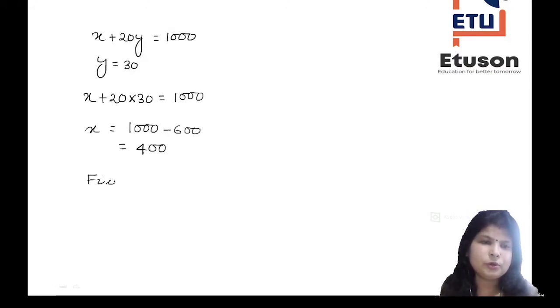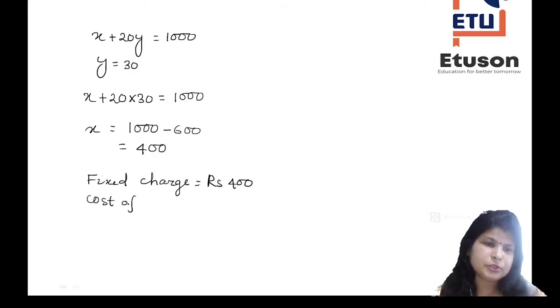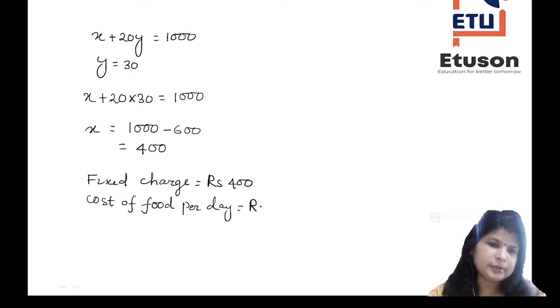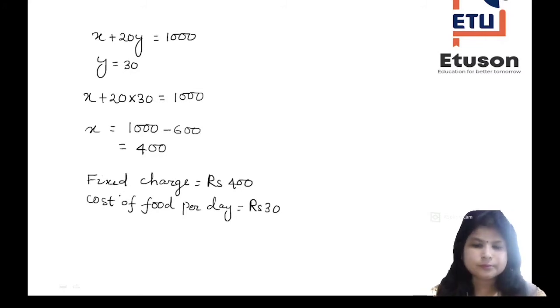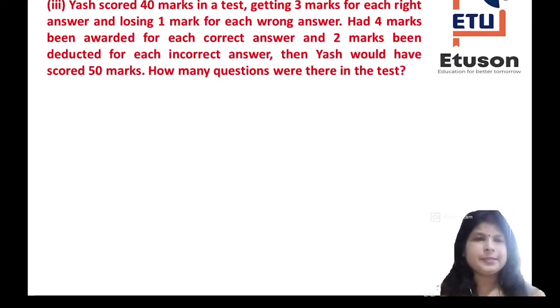So the fixed charge of the hostel is equal to rupees 400, and the cost of food per day is equal to how much? Rupees 30. Correct or not? So we have obtained the solution. Okay, children? Now let us go to the next problem.